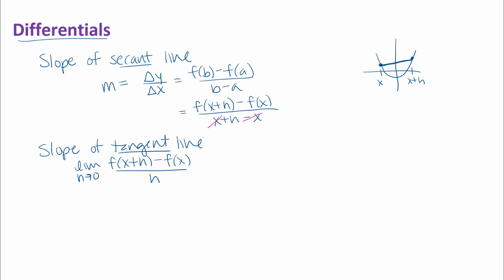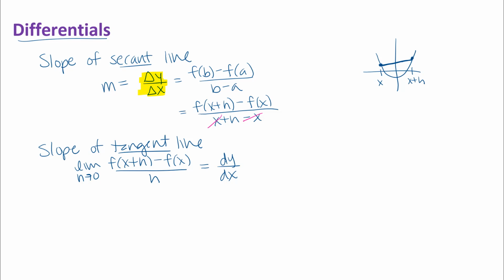Provided that limit exists, we call that the derivative of the function at x, or we denoted that dy dx. And so we have these two similar notations, delta y over delta x. That's actual change in two distinct y coordinates divided by change in two distinct x coordinates.